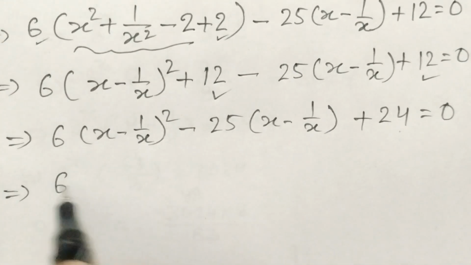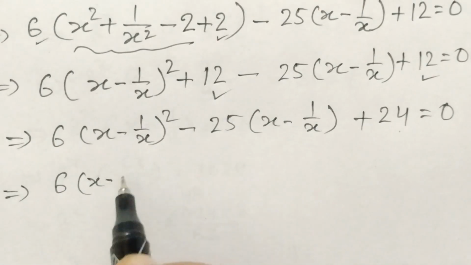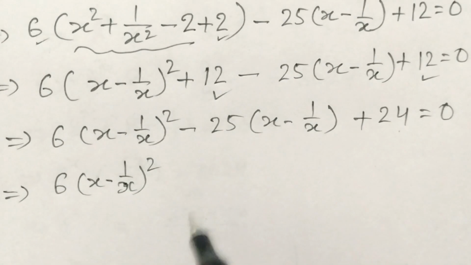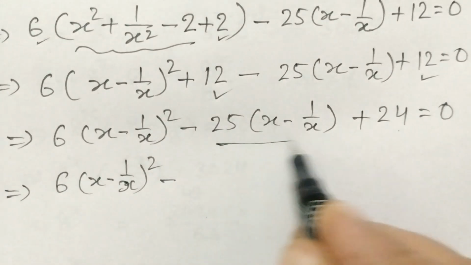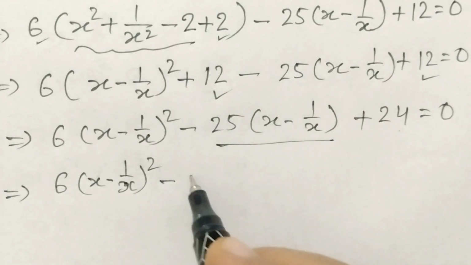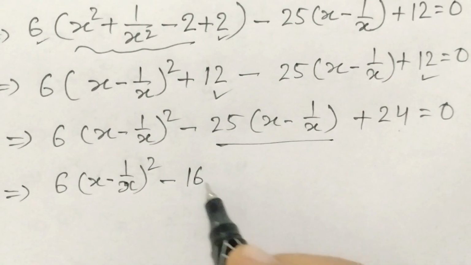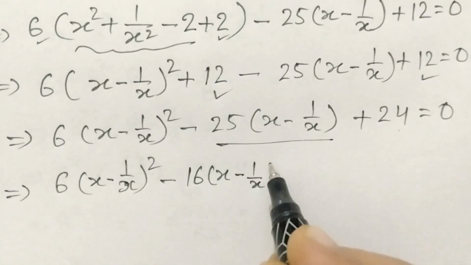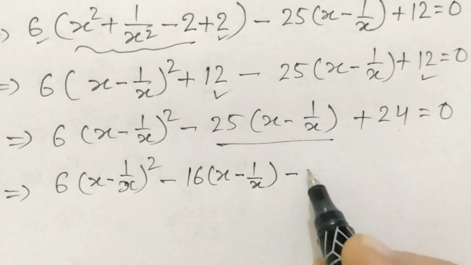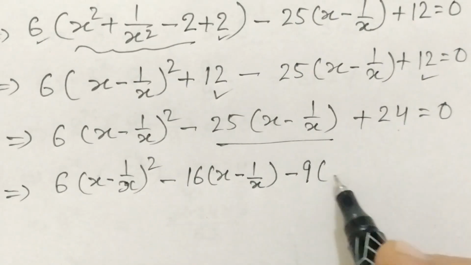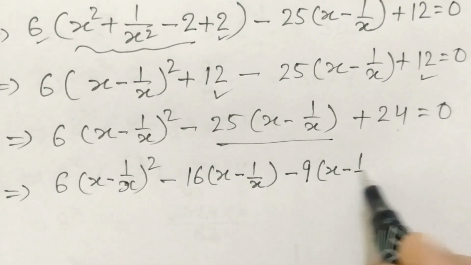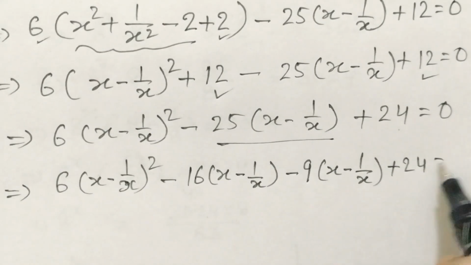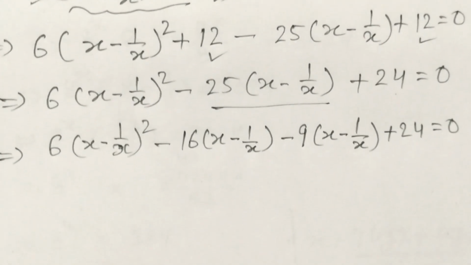Now 6(x - 1/x)^2, minus this can be bracketed: 16(x - 1/x) minus 9(x - 1/x) plus 24 is equal to 0, right?